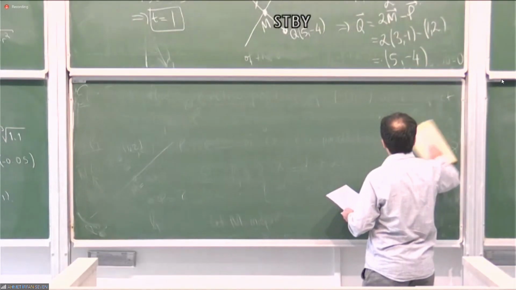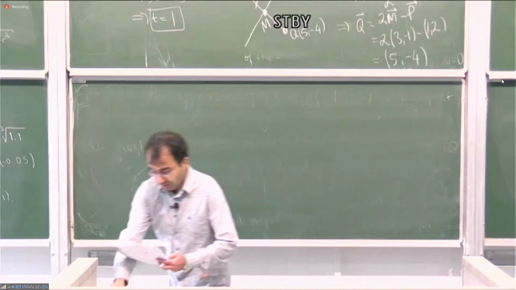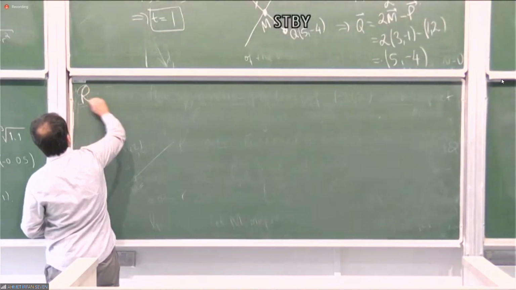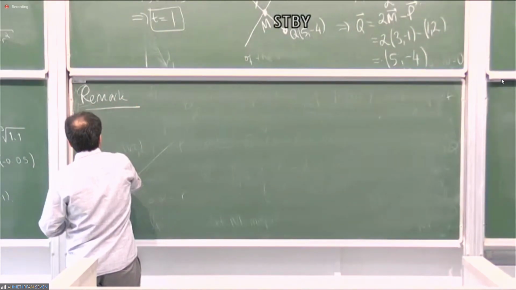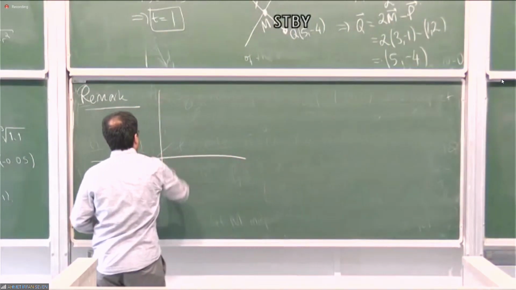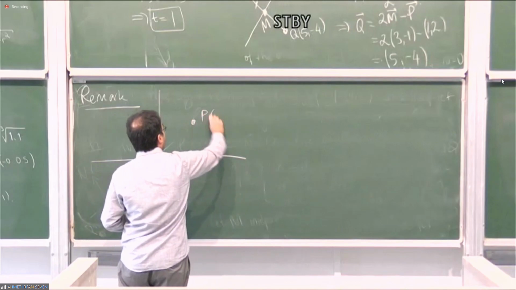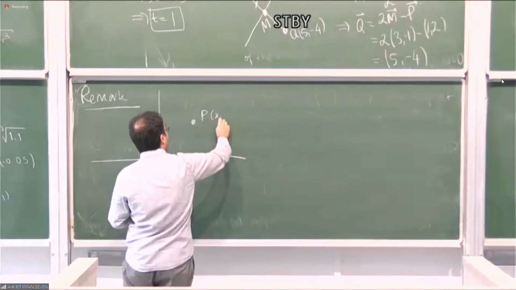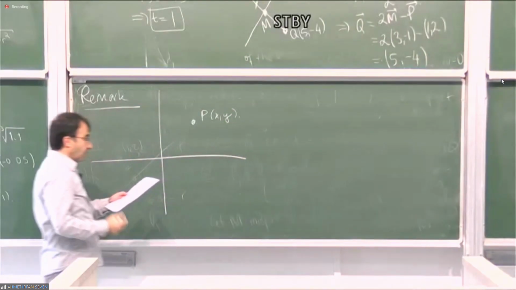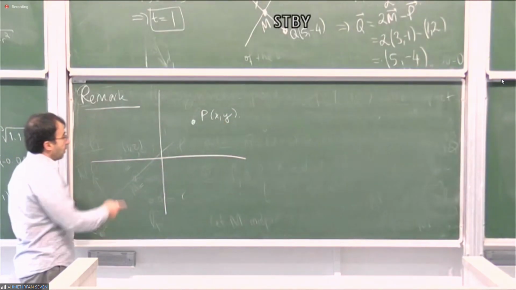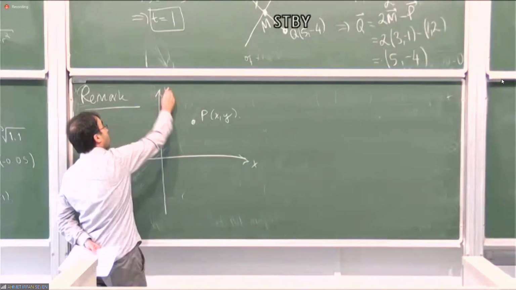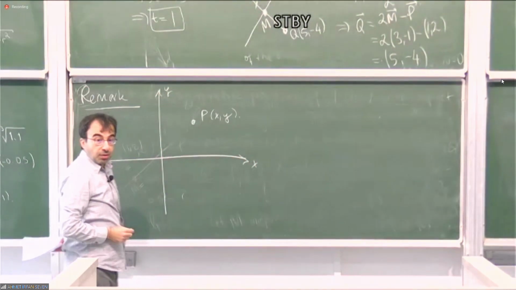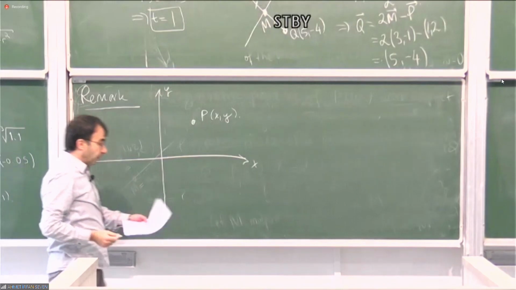Let me draw your attention to some special case. So, remark. Let's say that we have a point (x, y). We also have these coordinate axes, right? Which are also lines, right? So let me draw your attention to symmetric partners of this one.